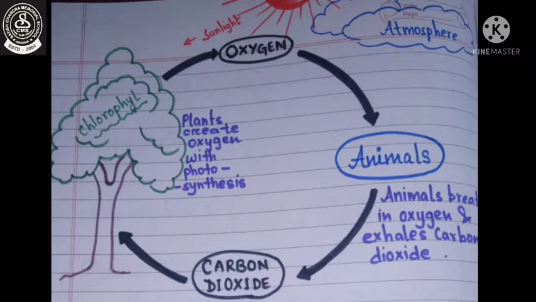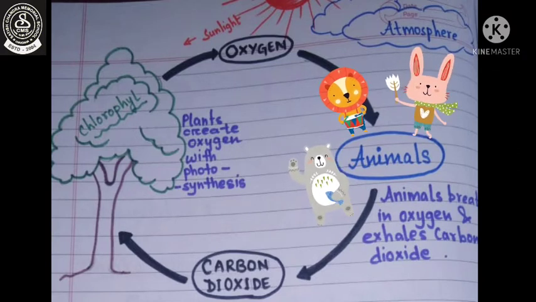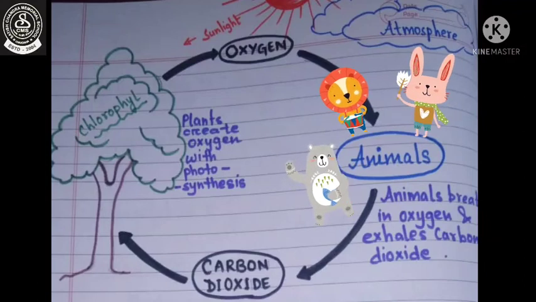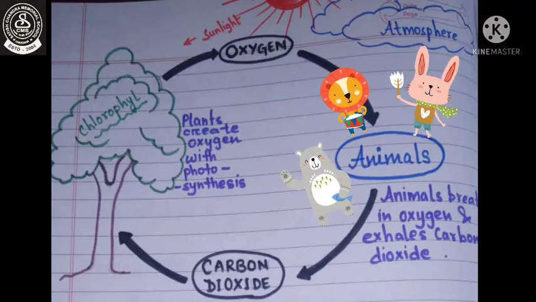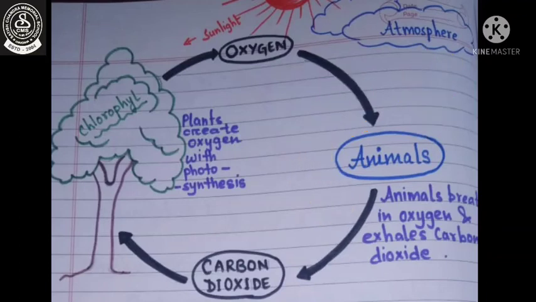Now the question comes, from where is the plant getting the carbon dioxide? What do you think? From where is the plant getting the carbon dioxide? Yes, from the animals. As you all know, while breathing, animals take in oxygen and they take out carbon dioxide.